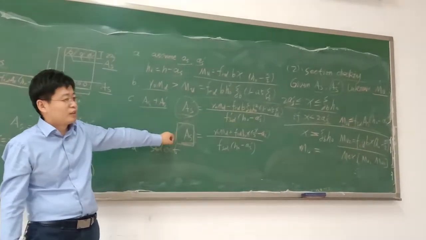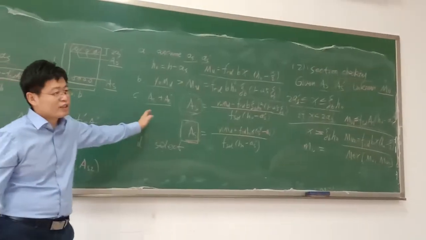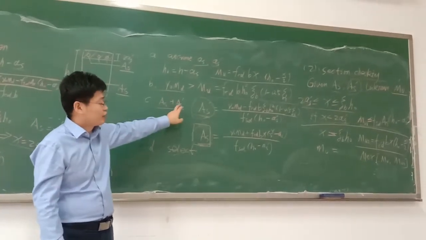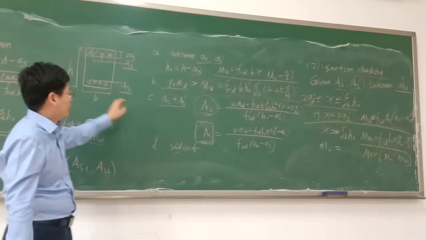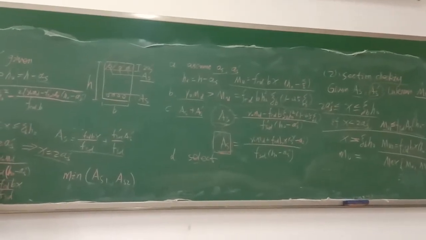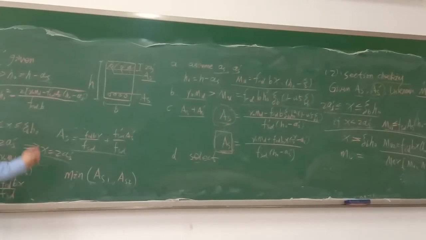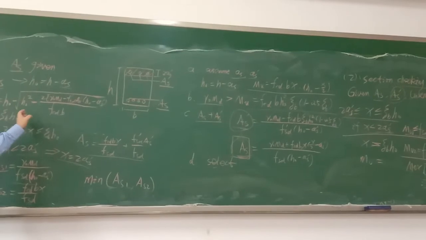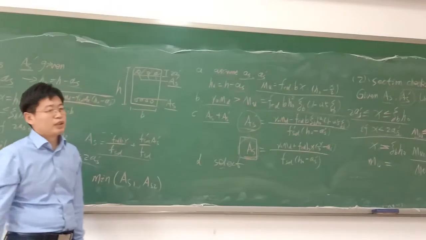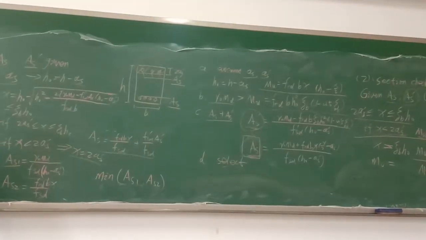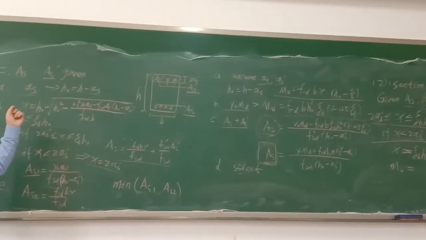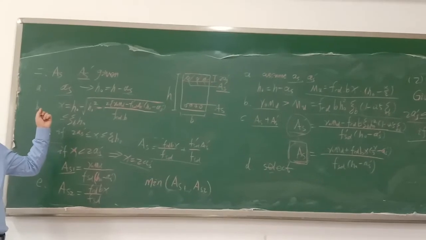Finally, you can get this. For these two different conditions: in this one, As and As prime are both unknown, and in this one, As prime is given and As is unknown. The question is to calculate As, and this one is calculating As and As prime. So there is no very large difference, just a little difference in the equation you use.